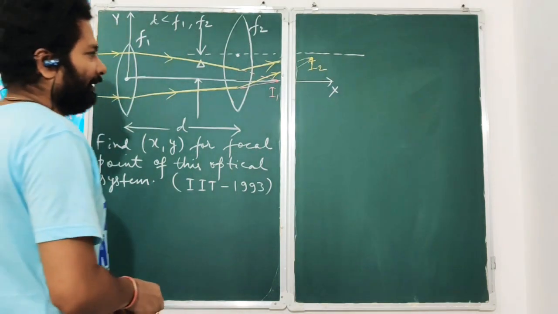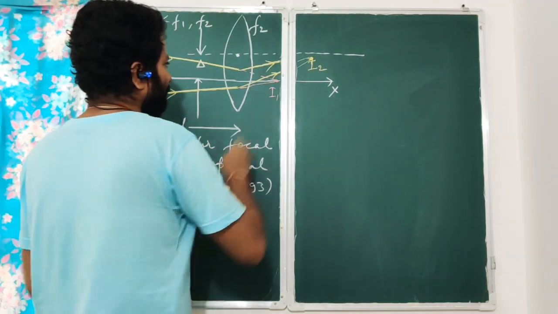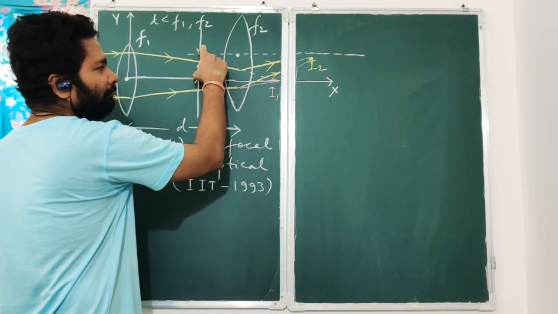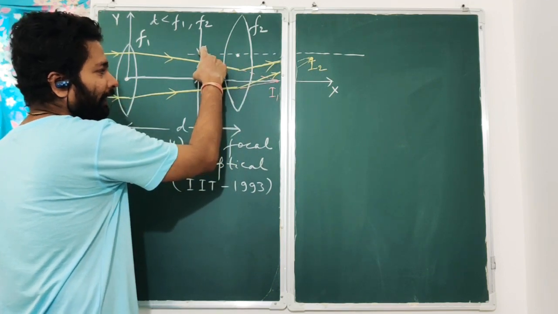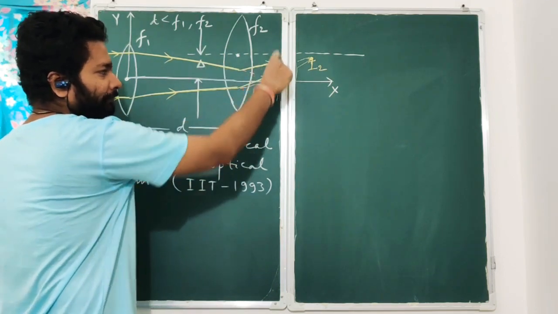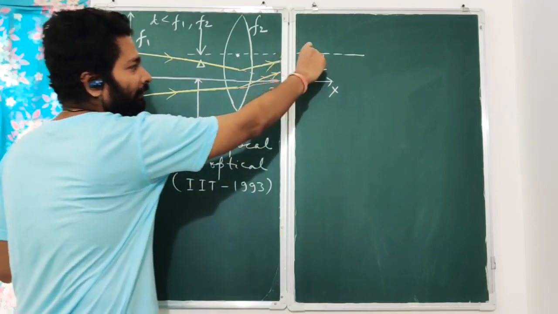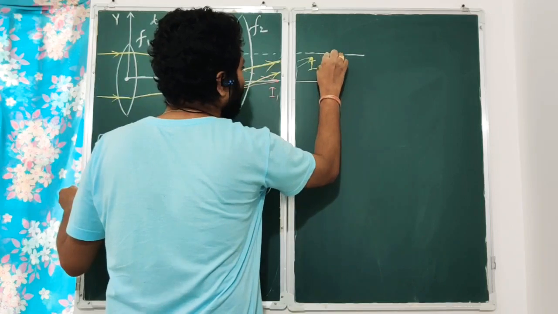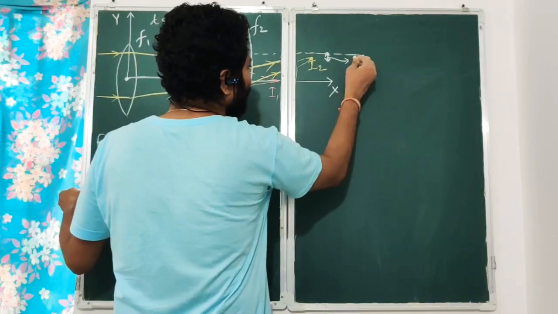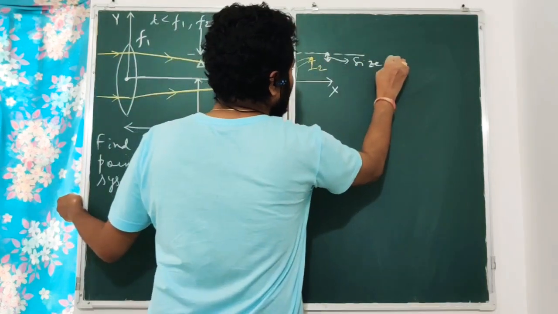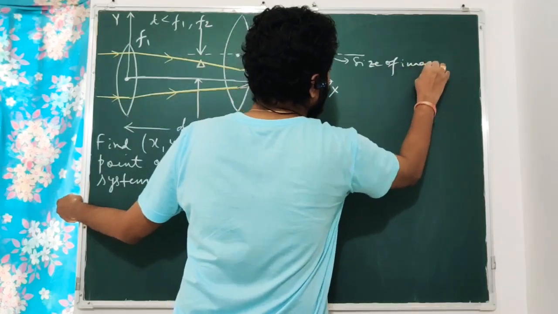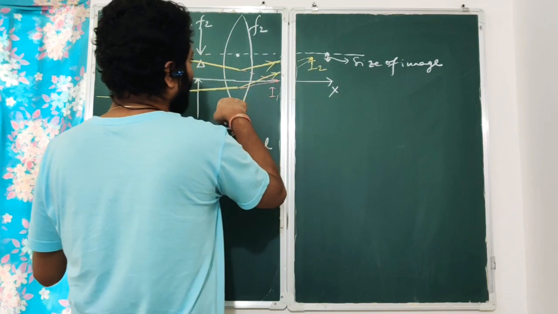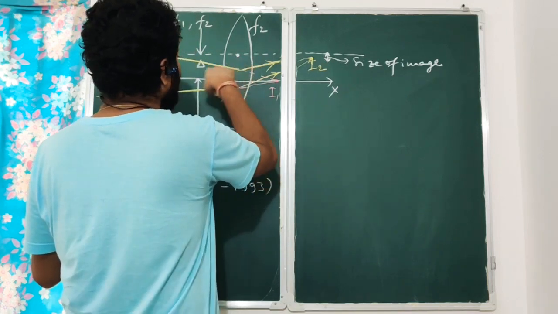So you can see it here. This del is actually acting as the size of object, and this is the size of image when you are talking about the second lens. So this is your size of image, and what is this value here?